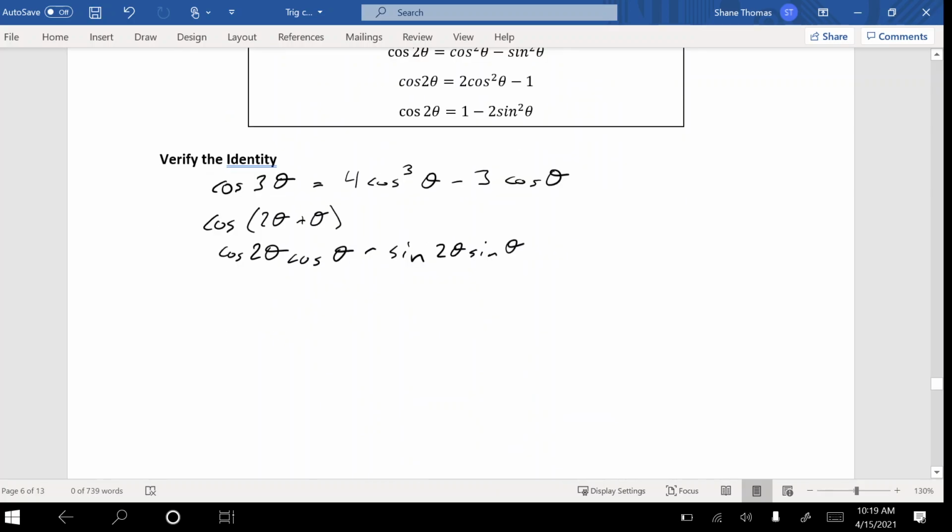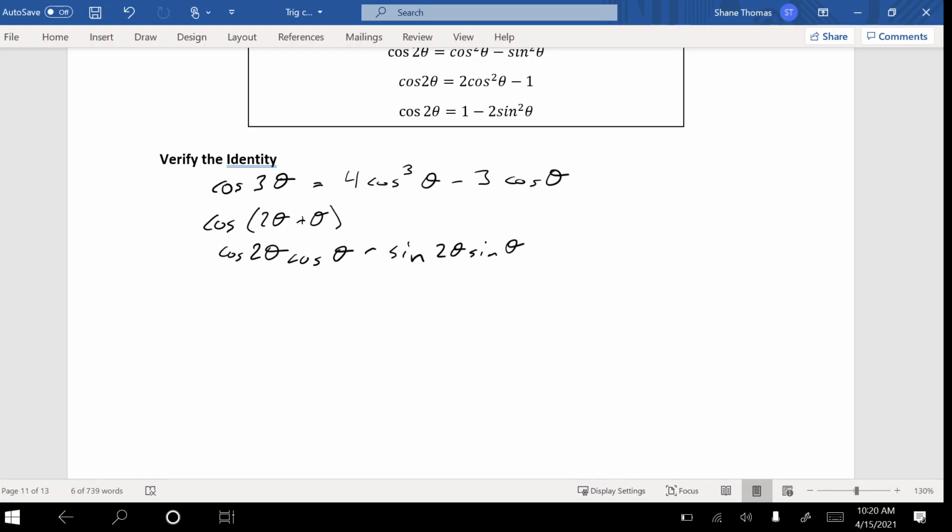So we have 2 cosine theta minus sine 2 theta sine theta. Now I also have my cosine 2 theta, which we did today, and my sine of 2 theta, which we did today. Let's just deal with the cosine right now.